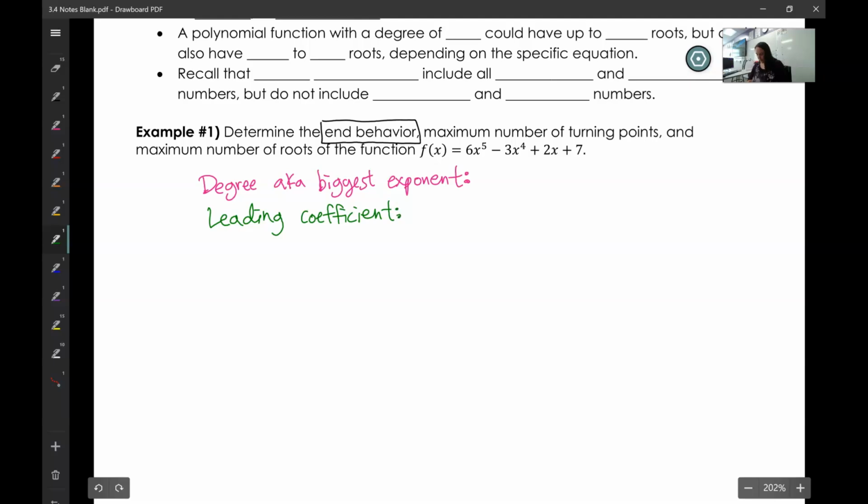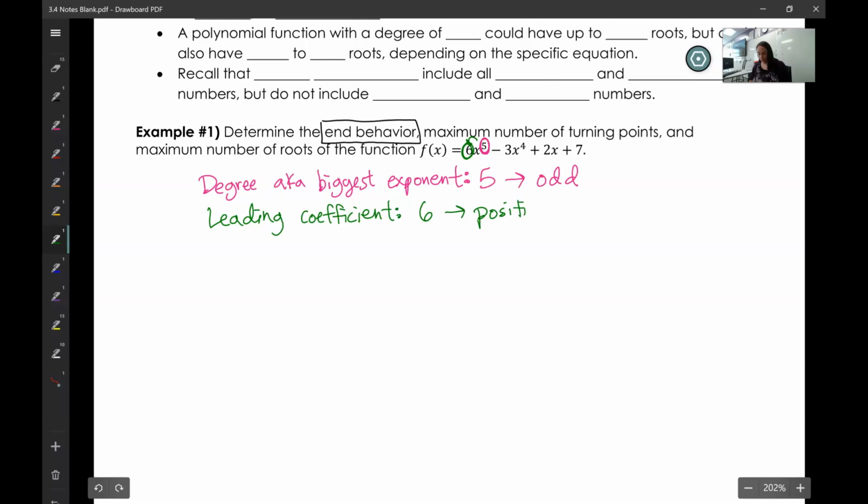So if I look at this equation, the degree, or the biggest exponent, is a 5, which is odd. For the degree, I only care if it's odd or even. The leading coefficient is the number in front of my degree. So in this case, it's a 6, which is positive.